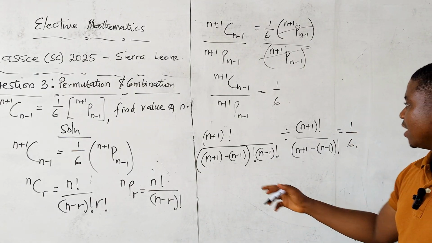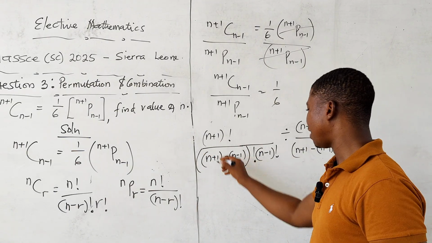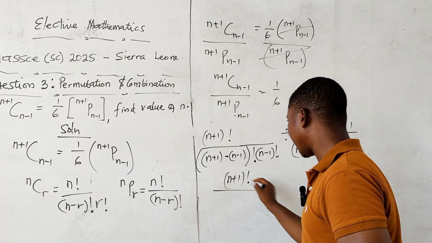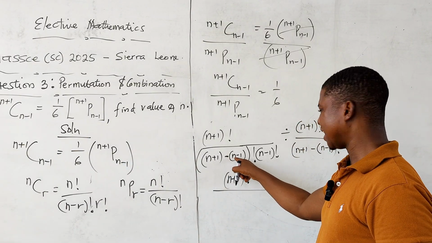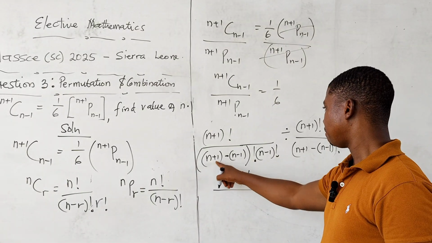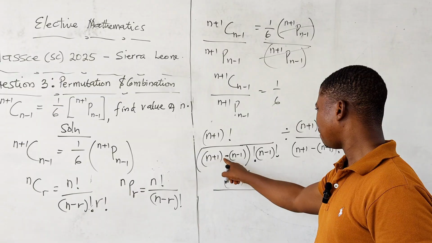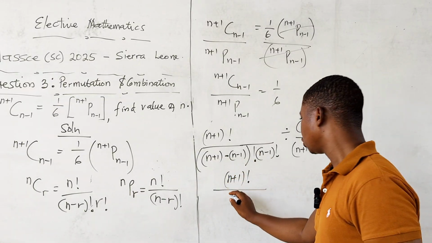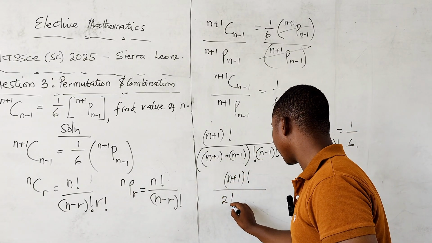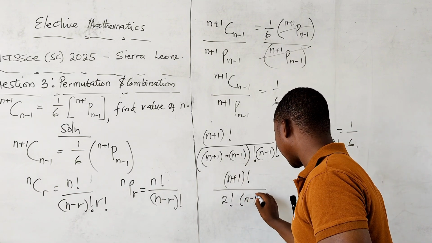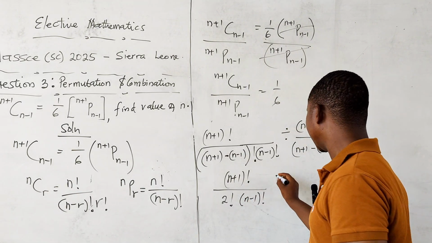So with this, let's continue. We have (n+1) factorial over, we have n minus n. n minus n gives us 0. That one is gone. 1 minus negative 1, that will be 2. So we have 2 factorial, then this one will give us into bracket (n minus 1) factorial.